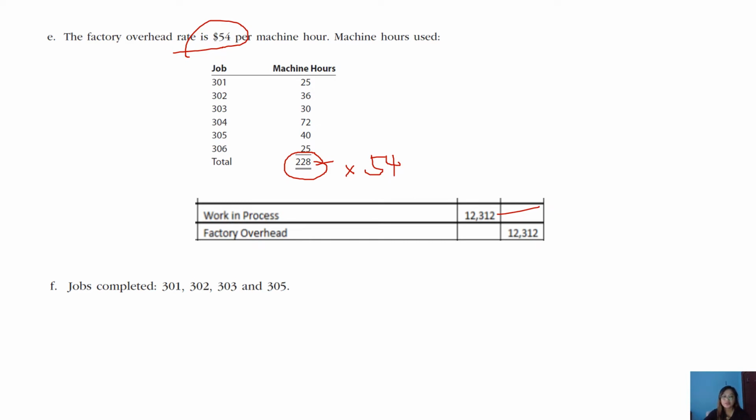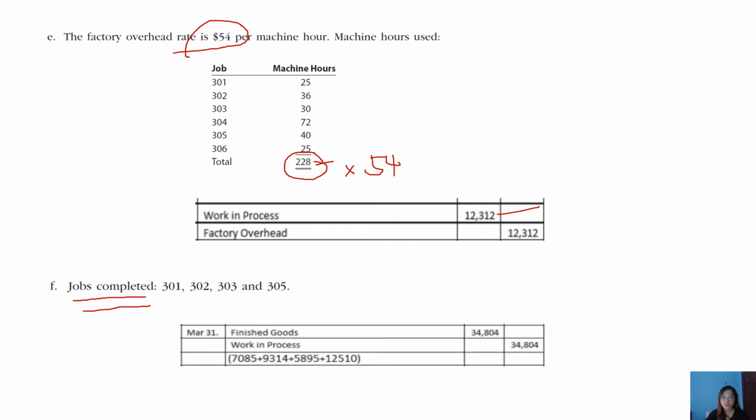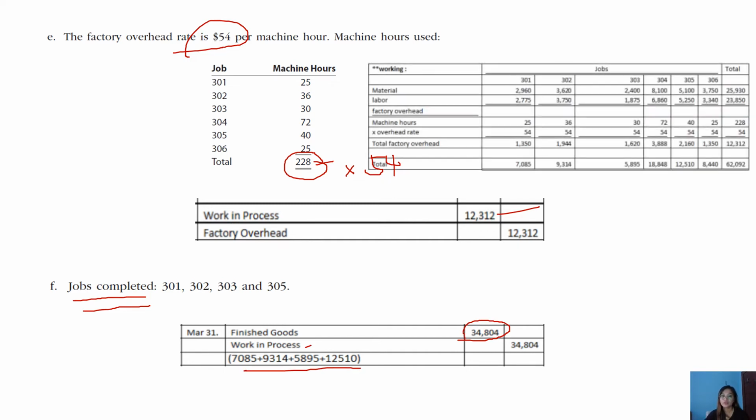And the letter F, jobs completed 301, 302, 303, and 305. Since the jobs are already completed, we have to debit finished goods amounting to 34,804 and then credit work in process. So how did we come up with this amount? So before I answered this problem, I already computed all the jobs, for the job 301, 302, 303, 304, and up to 306.